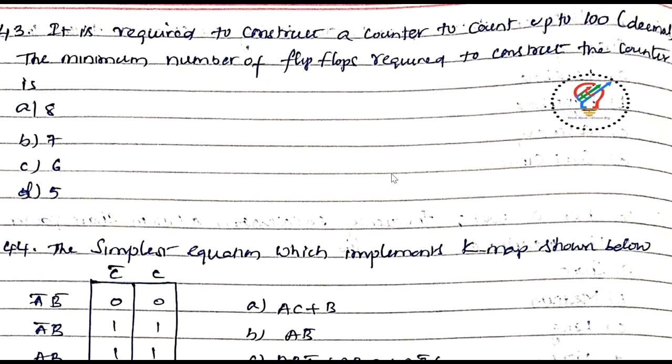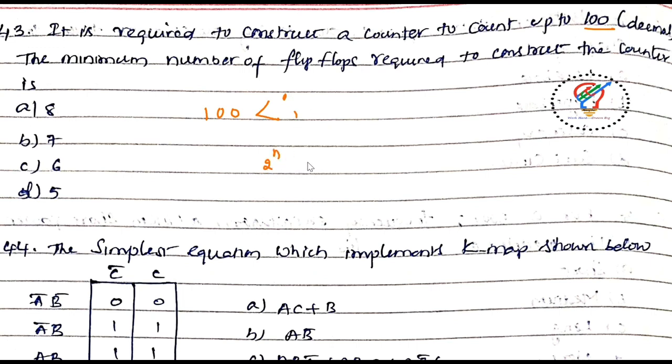Next one. It is required to construct a counter to count up to 100 decimal. Do not consider it as a binary value. What is the minimum number of flip-flops required to construct the counter? How many decimal numbers do we need to count? 1 0 0, that means 100. With a flip-flop we can count two numbers, that is 0 or 1. Going like that, you have to consider 2 power n.